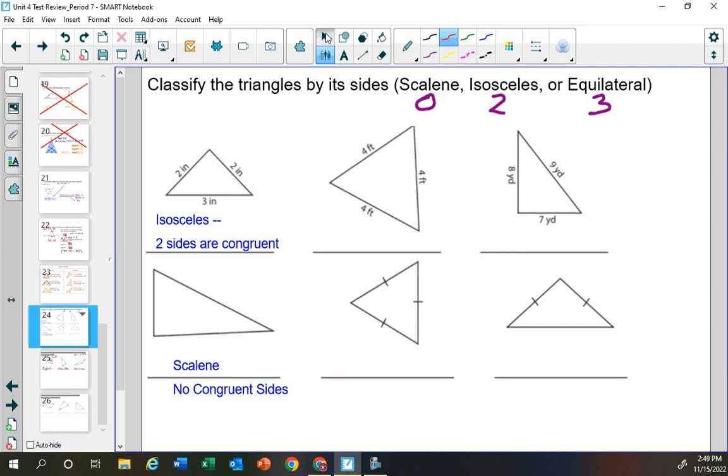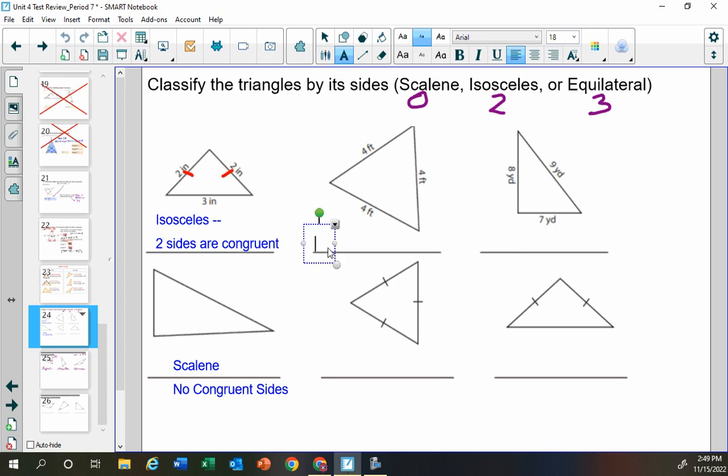So on the first slide, think about it: scalene, no equal sides, put a 0. Two sides, isosceles. Or three sides, equilateral. Now, we talked about these two yesterday. Two of those sides had 2 inches, so that was isosceles. This one had no congruent sides, that's why it was a scalene. What will be in both, for this one and this one? They're both going to be equilaterals. Why equilateral for the top?